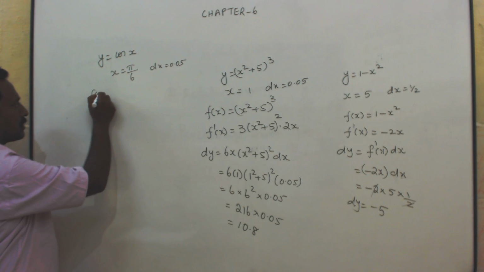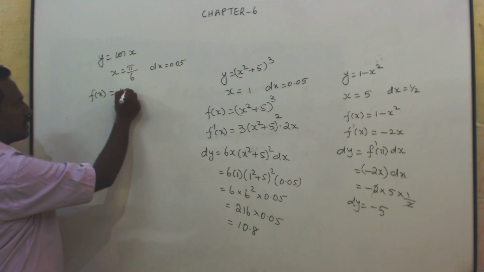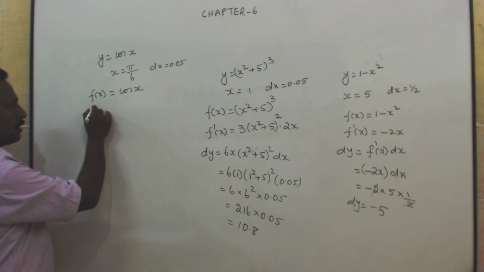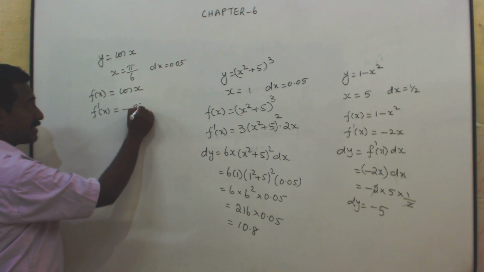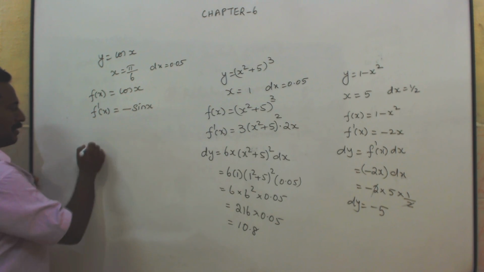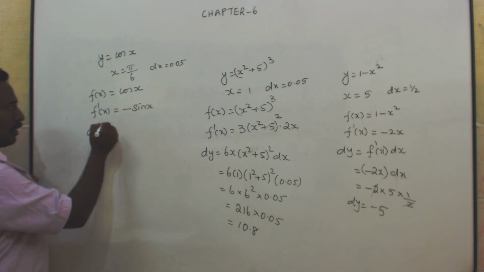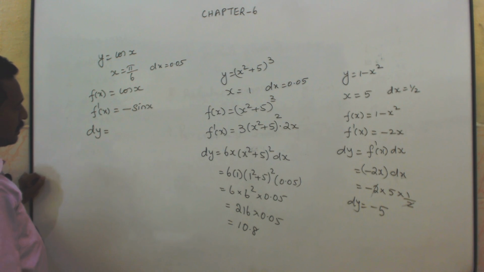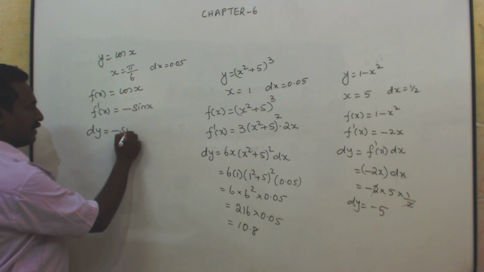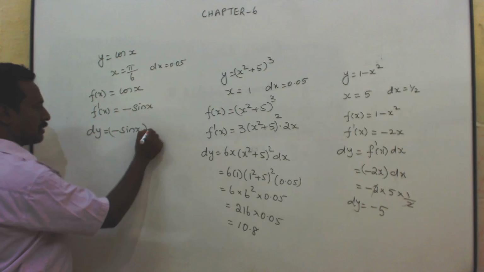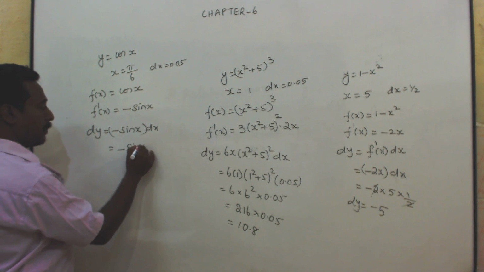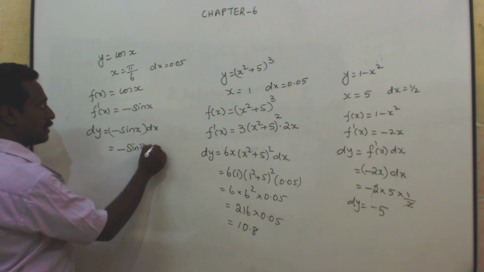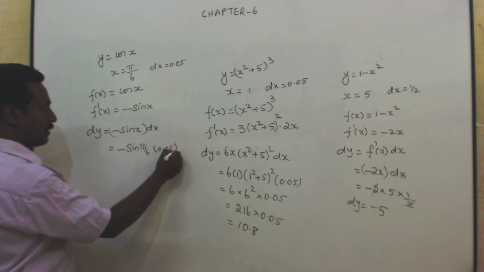Now, what is f of x? F of x is equal to cos x, f dash of x is minus sin x. Then dy equal to f dash of x into dx, minus sin x into dx, that equal to minus sin pi by 6 into dx, which is 0.05.